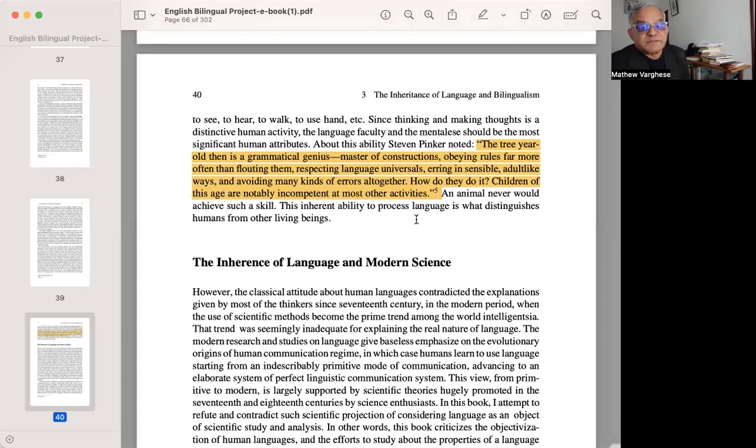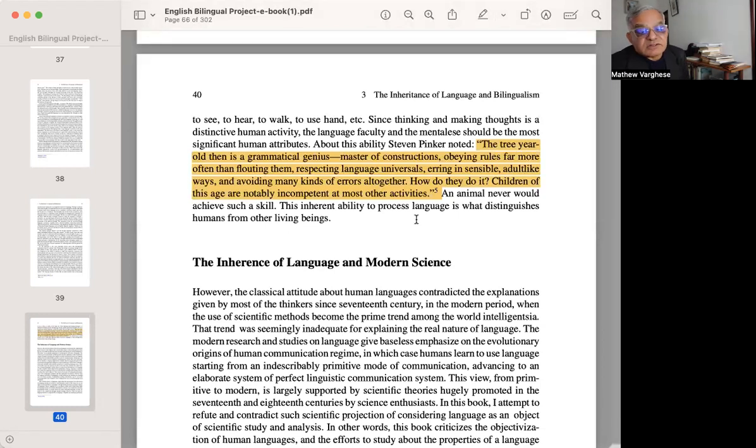So he says that the 3-year-old child is a grammatical genius, master of constructions, obeying rules far more often than flouting them, respecting language universals, and avoiding many kinds of errors altogether.